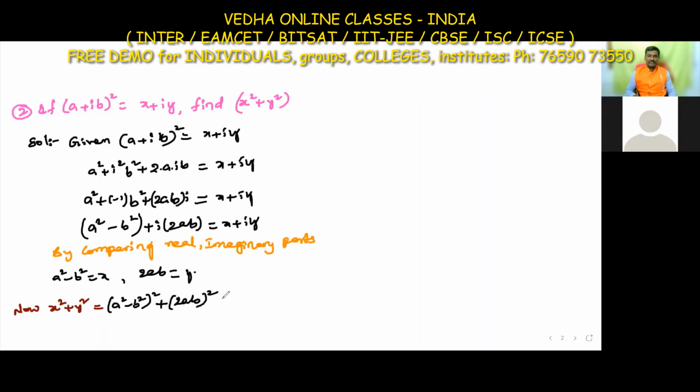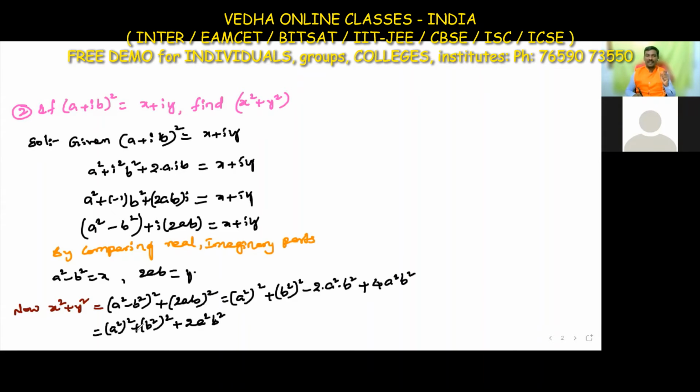Here we apply the a minus b whole square formula: a is a square, b is b square, so a square whole square plus b square whole square minus 2 into a square into b square, plus 4 a square b square. Now this equals a square whole square plus b square whole square, and 4a square b square minus 2a square b square is plus 2a square b square.